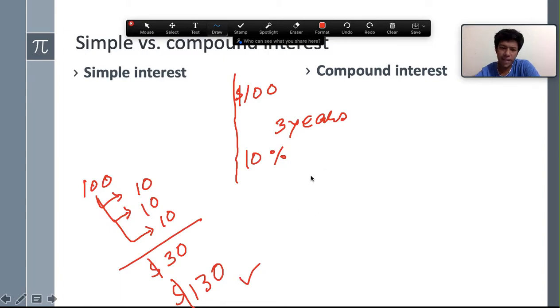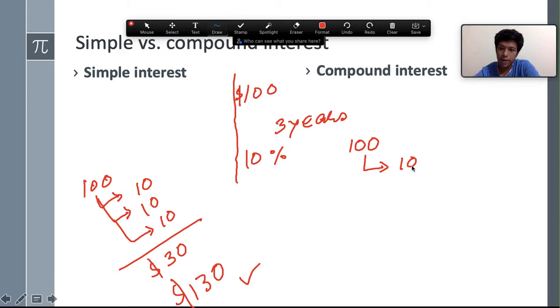Now you can say, okay, I invested $100 and you gave me $10 interest by the end of the first year, but I did not take this money from you, so my money is still with you. So why not give me interest on this $10 also?